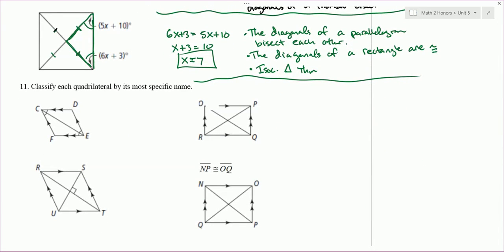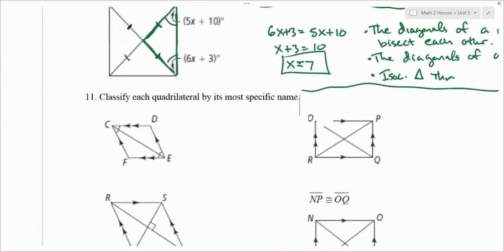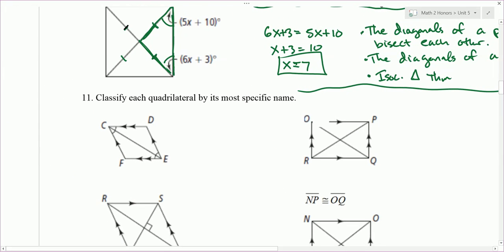We're to classify each quadrilateral by its most specific name. So what we're noticing in 11, on the first one, I'm going to call it part A, is for sure it's a parallelogram, because opposite sides are parallel, and that's the definition of a parallelogram.